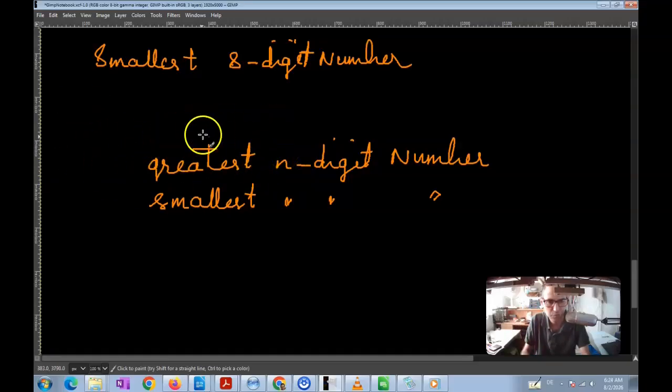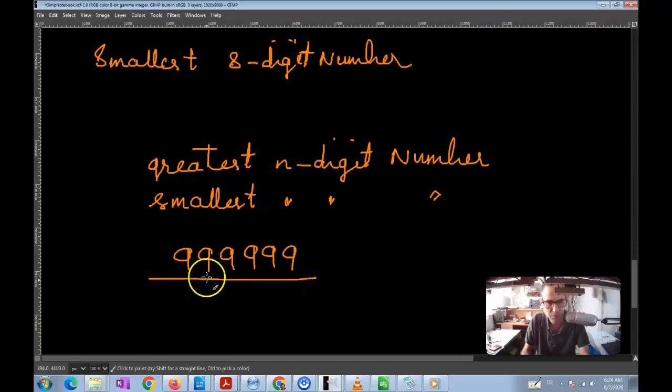Since you want to create the greatest number, you will have to fill all of the place values with 9s, because you want to make the greatest number possible. So you would have, for example, 999,999. That's the greatest 6-digit number.